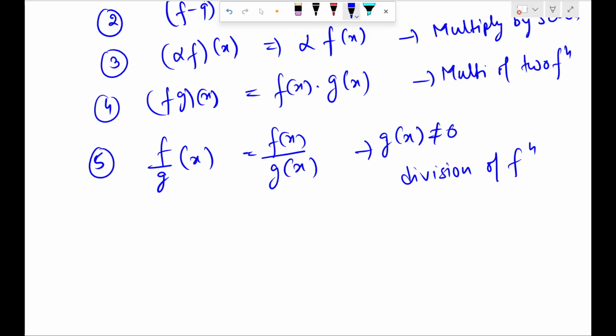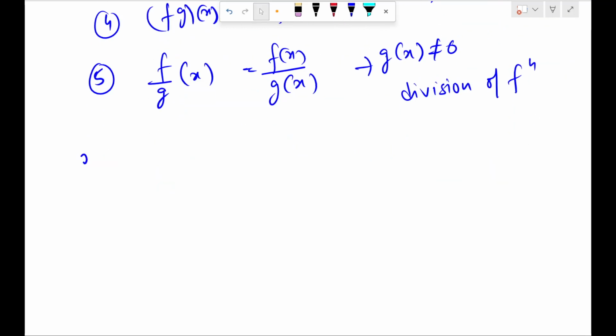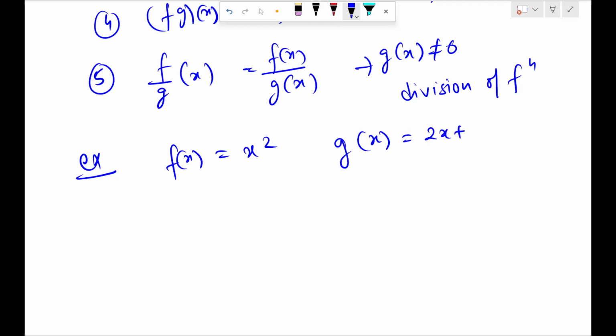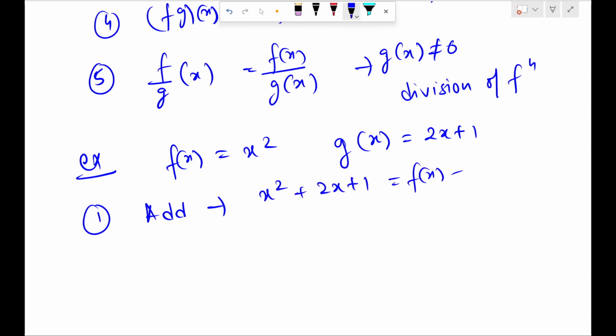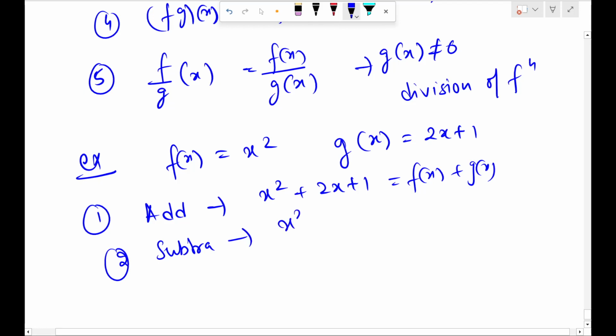For example, f of x is equal to x square and g of x is 2x plus 1. So first we will take the addition operation. So we have x square plus 2x plus 1, which is equal to f of x plus g of x. Second, we have subtraction. So x square minus 2x minus 1, which is equal to f of x minus g of x.